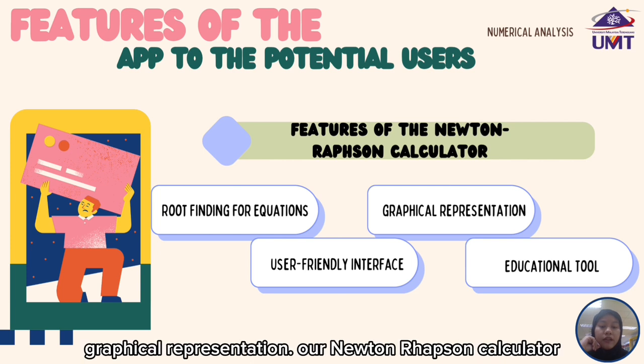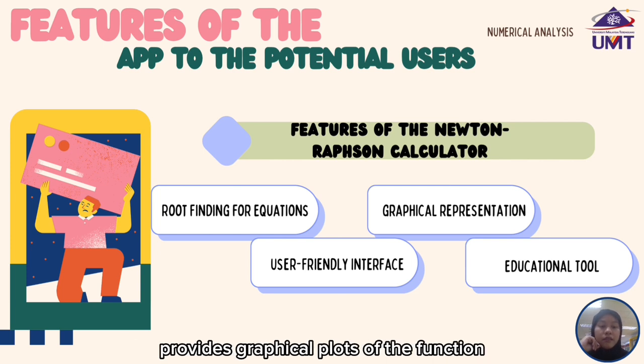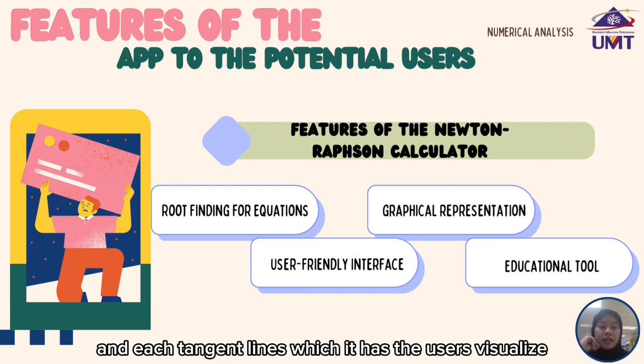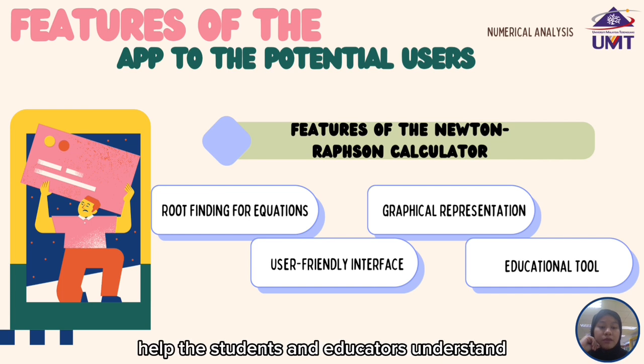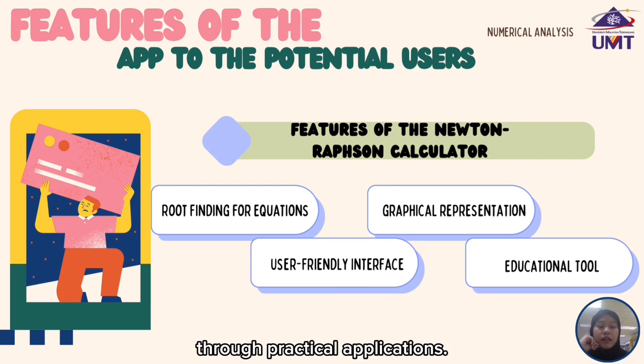Thirdly, graphical representation. Our calculator provides graphical plots of the function and its tangent lines, which helps users visualize the root finding process. Lastly, our calculator can be used as an educational tool. It is suitable for educational purposes, helping students and educators understand the Newton-Raphson method through practical applications.